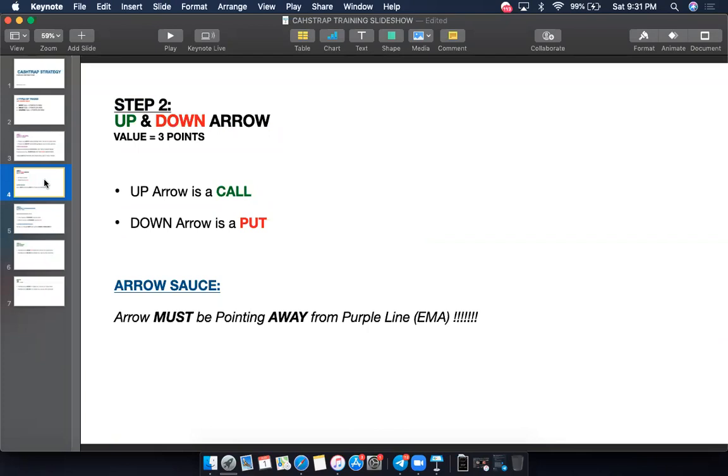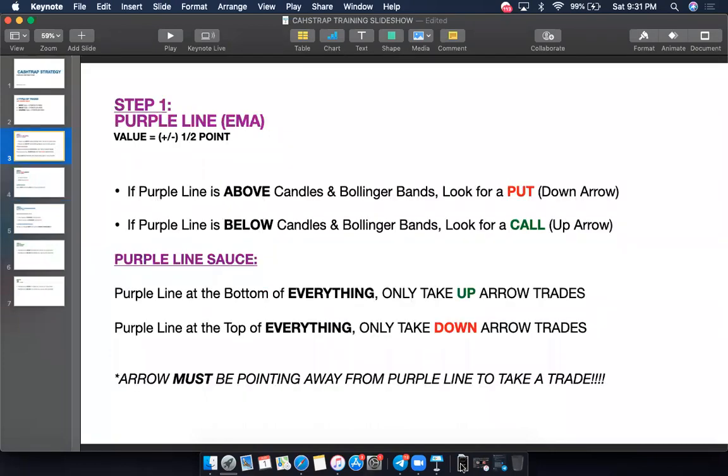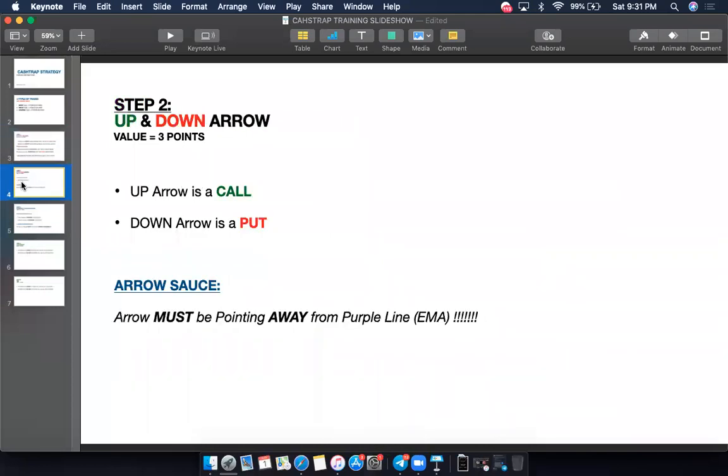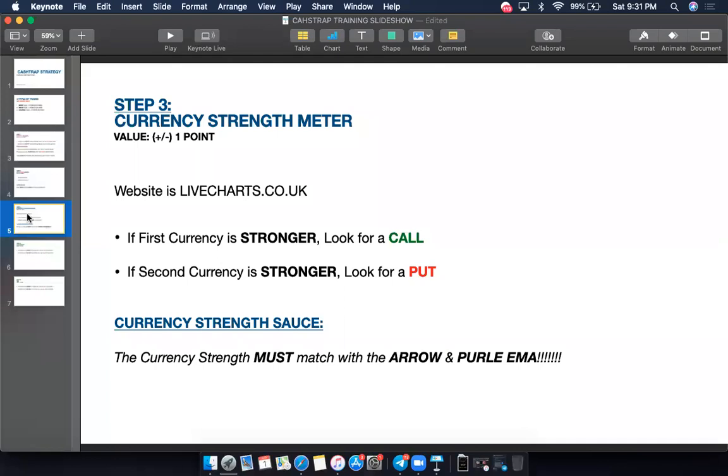All right, it all goes in line. Purple line at the bottom, I'm looking for an up arrow. If I'm looking for an up arrow, I'm looking for the first currency to be stronger than the second currency. If those 3 things don't match up, don't take the trade.